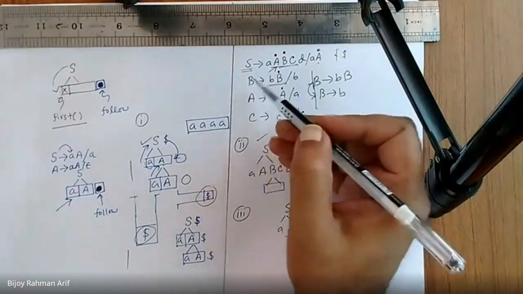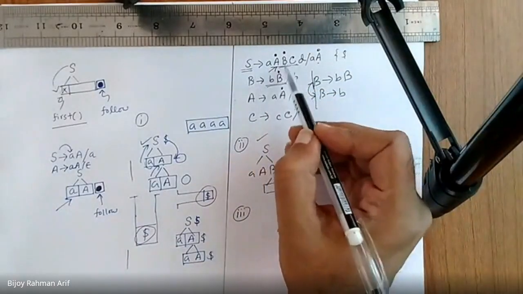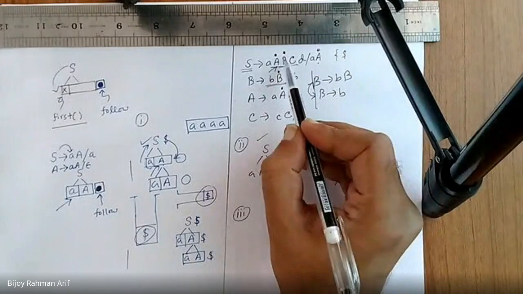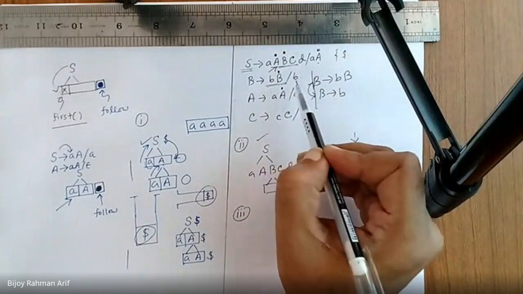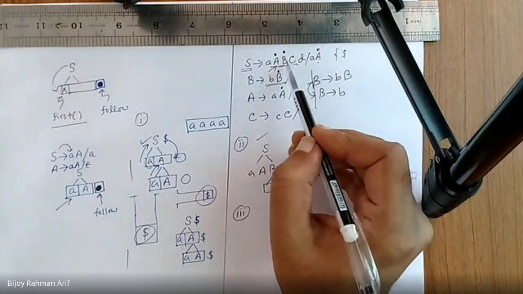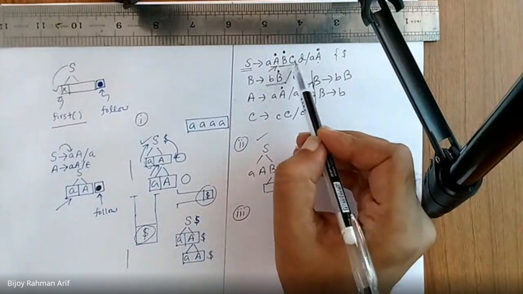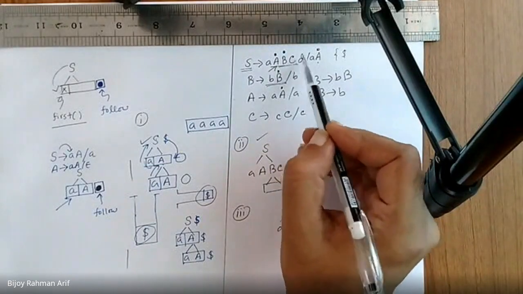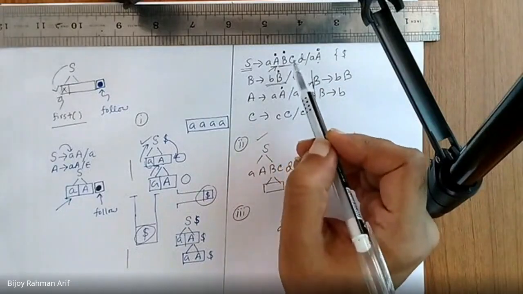Yes, sir. In this case, when we try to find the follow of B, we look at where B is on the right hand side. It is here and it is here. So what would be the follow of B? Just after B there is a C, so first of C. Right? Yes, sir.